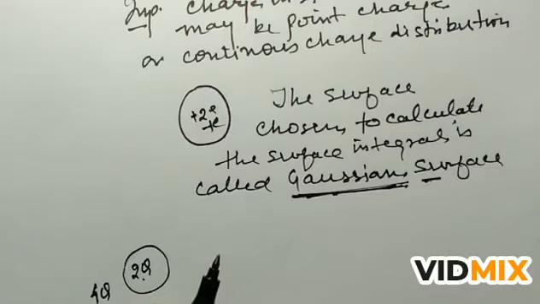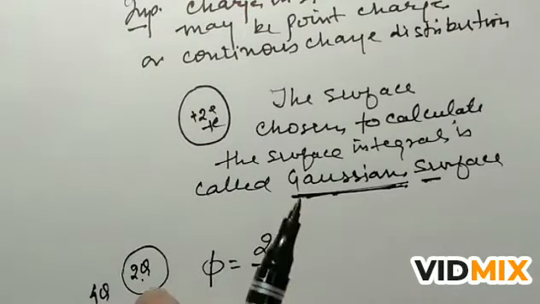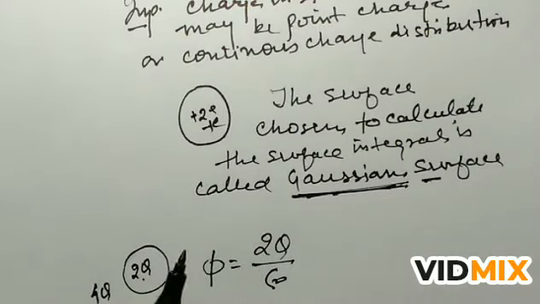The total flux is phi equal to 2q by epsilon naught, meaning 1 by epsilon naught times the charge present inside, not outside. Whatever amount of charge is outside the surface, there is no contribution of this charge to the flux passing through the surface.